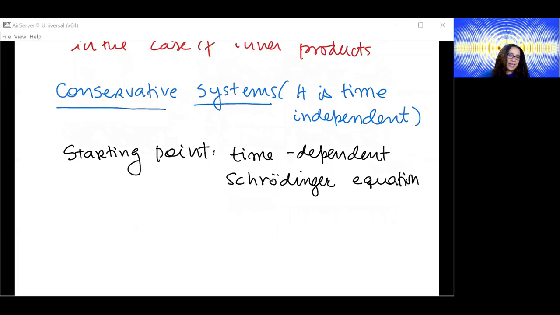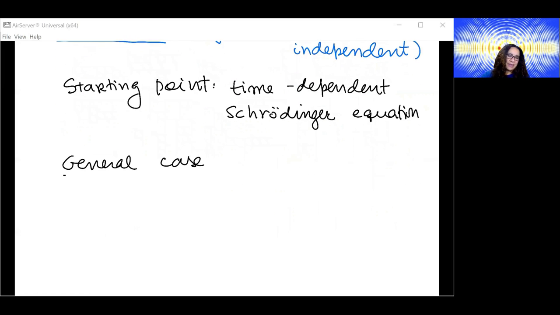And in the general case, we have something like this. Not making any assumption whether this Hamiltonian, and this time evolution operator which corresponds to a certain Hamiltonian, is explicitly time dependent or not. I'm just saying, okay, this is the general case.